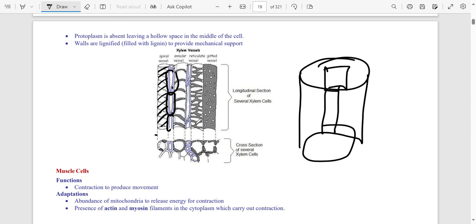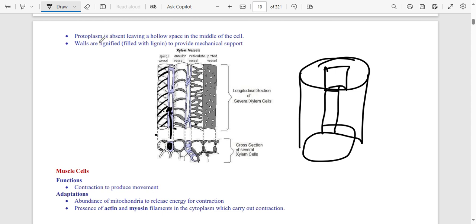The aim of the perforation is to create a continuous route. Because if one cell ends here and another cell is here, the walls at this point prevent the movement of things from one cell to the next. So that's why those cells next to each other are broken to leave space, such that if things are moving from one cell to the next, they can just move directly like that.